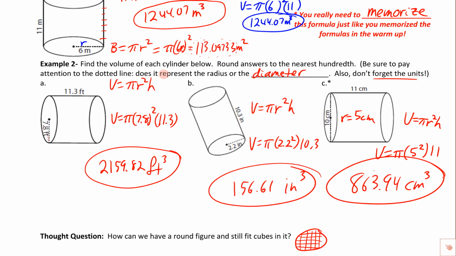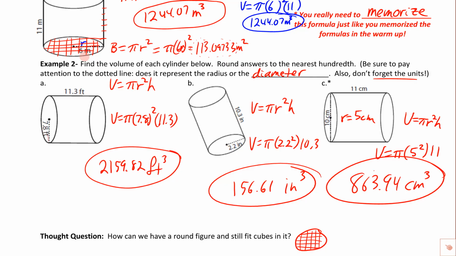So when we figured out this one right here was 113.09, that doesn't mean that they're all perfect squares. What probably happened is, as we go through here, we've got a bunch of perfect squares in the middle, but around the outside edge, we've got parts of squares. So what we do is we add those up and see how many we have all together. So kind of keep that in mind.